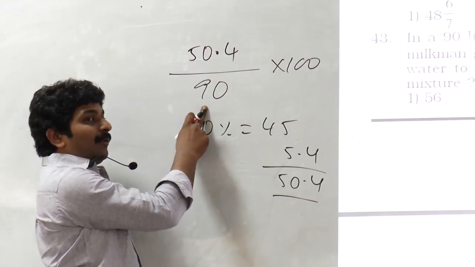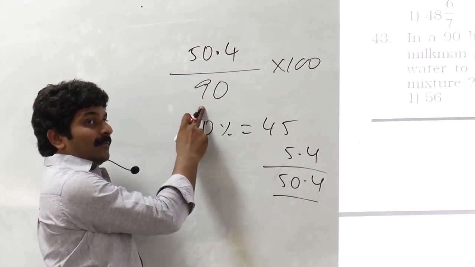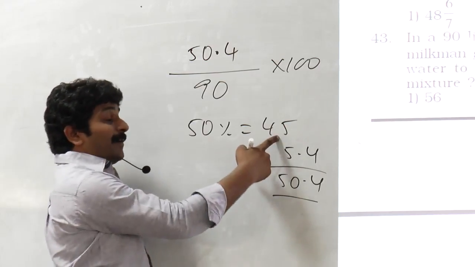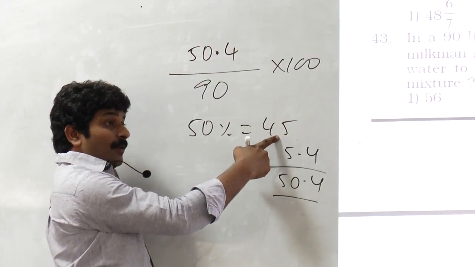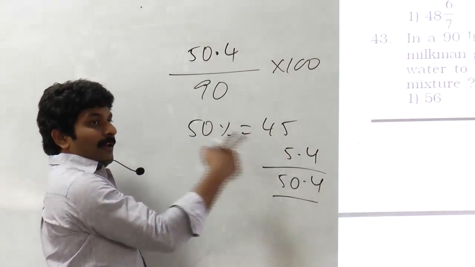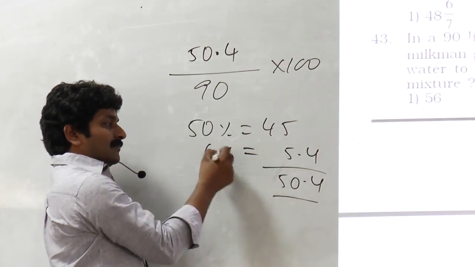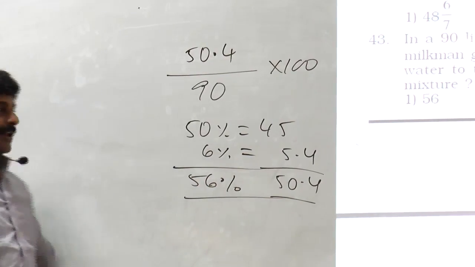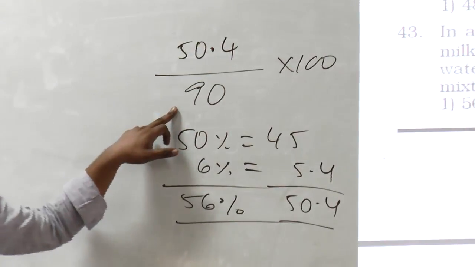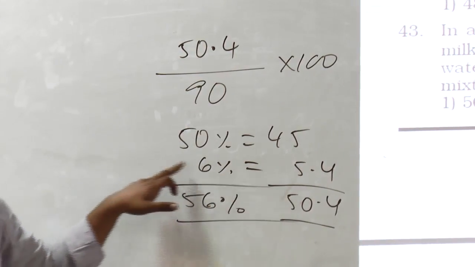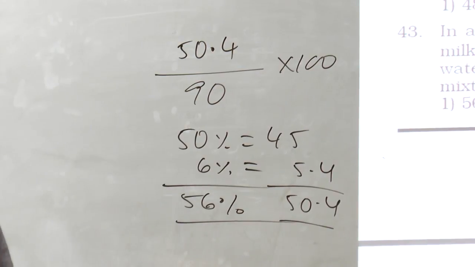Of your denominator, what is 10%? 1%? 0.9. 5%? 4.5. 4.5 plus 0.9? 5% plus 1%? Answer. Or else if 1% is 0.9, 0.9 6 times will be 5.4. 1% into 6 is 6%. Answer is 56%.